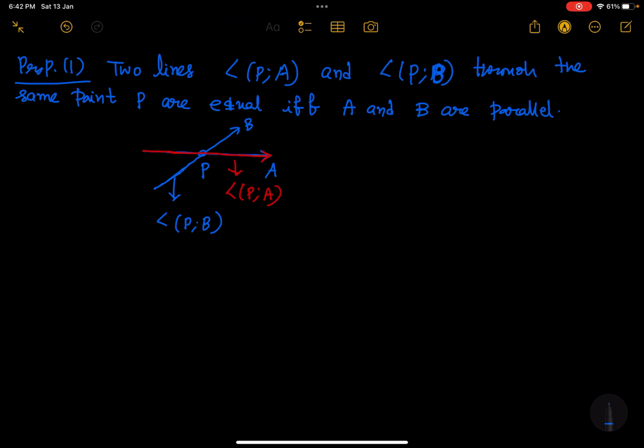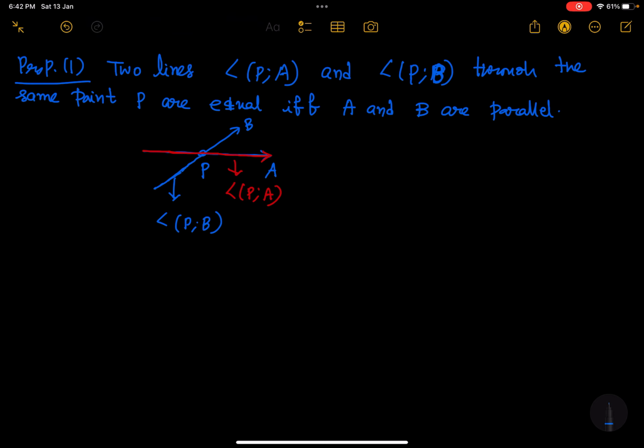What does it say? It says that these two lines will be equal, meaning all the points of this red line will be the same as the points of the blue line L of P comma B, if and only if A and B are parallel.